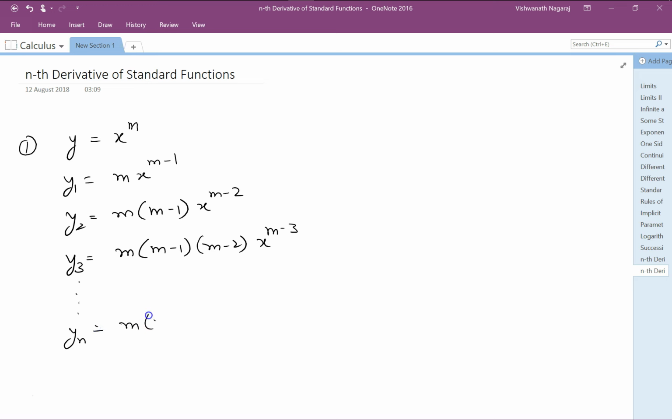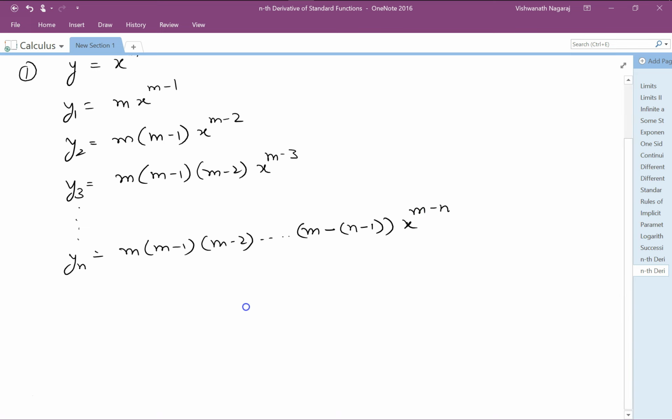This will keep going till x to the power of m minus n. Yes, look at the pattern now. Here it is the second derivative, it is 1 here, 3, 2. So 1 less. So here n means here it will be n minus 1. x to the power of m minus n.